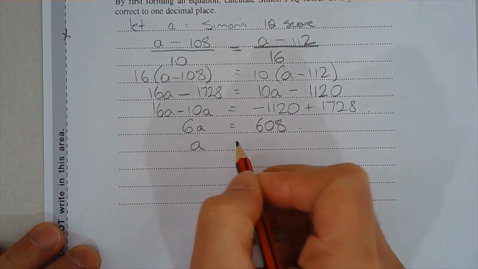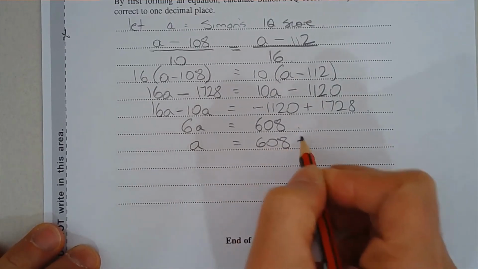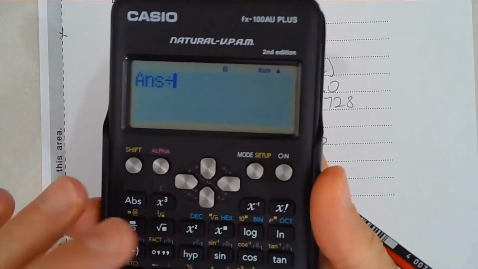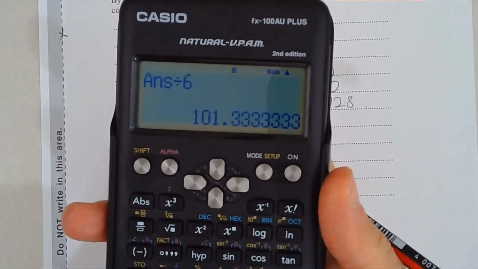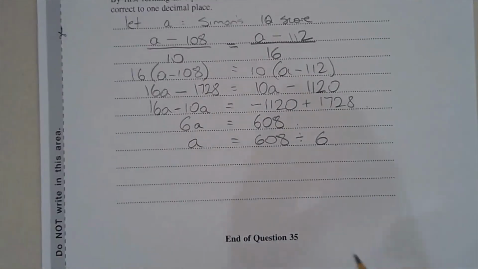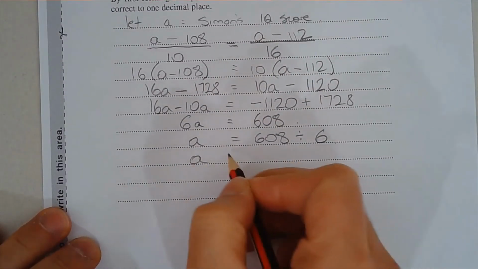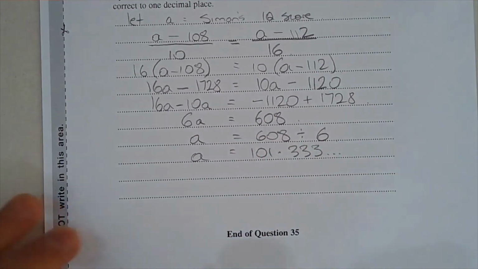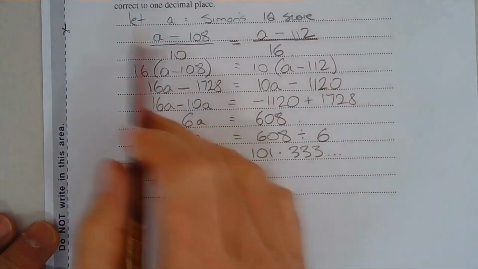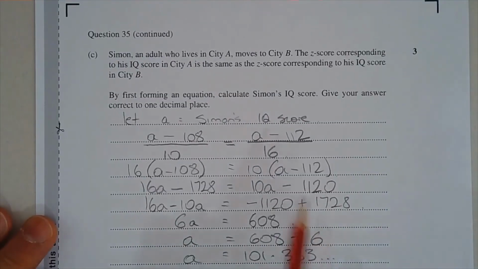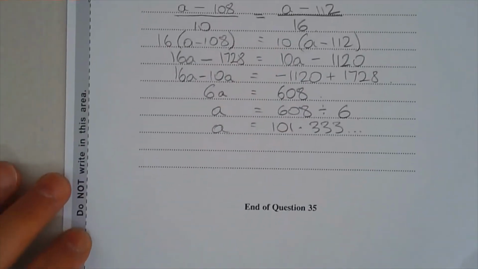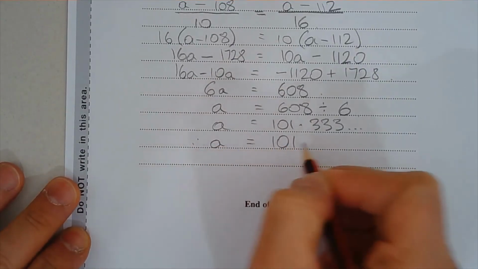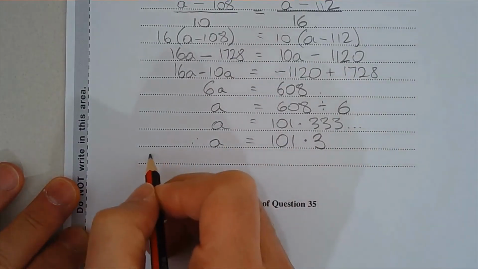Now A is equal to 608 divided by 6. Dividing by 6, we get 101 and a third, or 101.333, and it carries on. It says correct to 1 decimal place, so therefore A is equal to 101.3. So Simon's IQ score is 101.3.